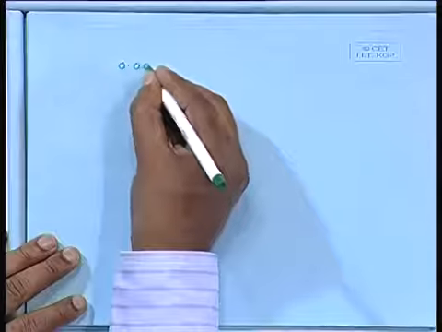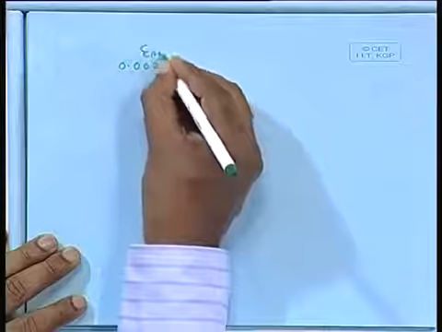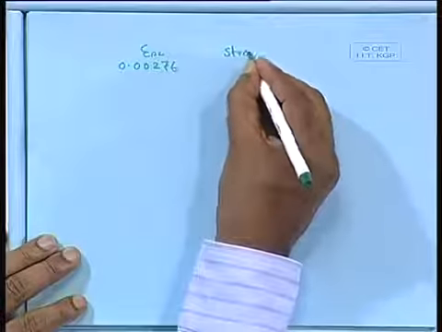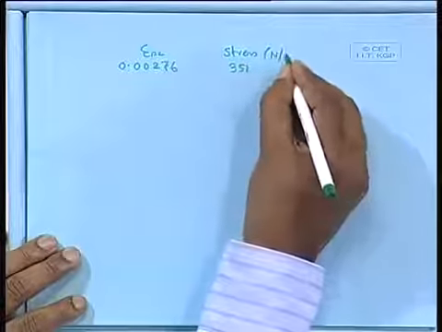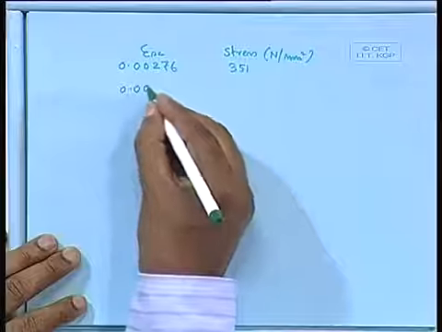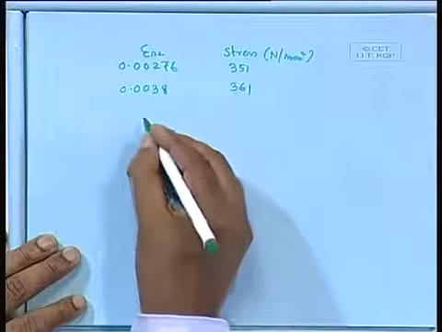So, we can write down epsilon sc 0.00276 strain, stress 351.0, and 0.0038 strain, 361.